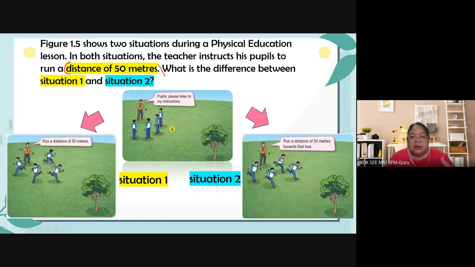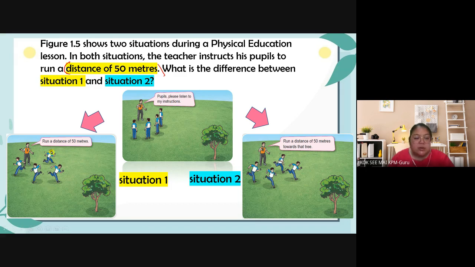The instruction is given and both start to run. Is it the same or not? The teacher says run 50 meters in situation 1 and situation 2. Is it correct? Are both the same?